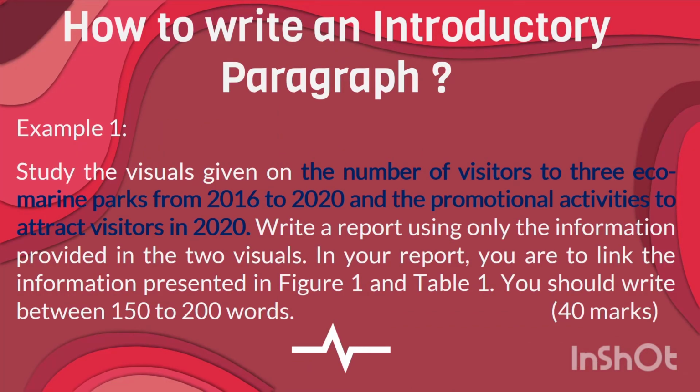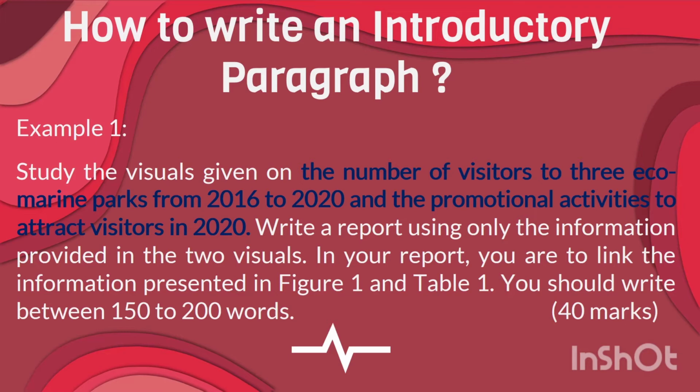Okay, now this is the question, yeah? How do you write an introductory paragraph? So you observe the question. The rubrics, yeah? Study the visuals given on the number of visitors to 3 eco-marine parks from 2016 to 2020 and the promotional activities to attract visitors in 2020.